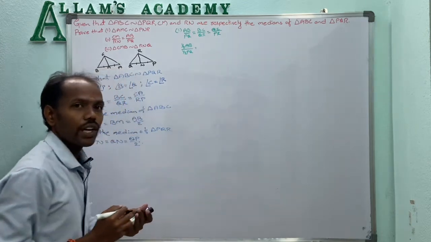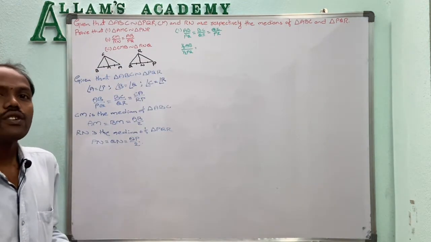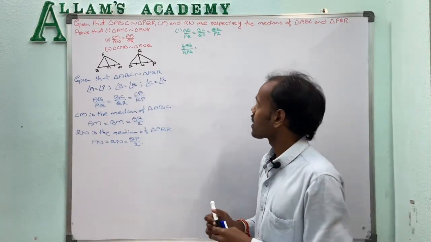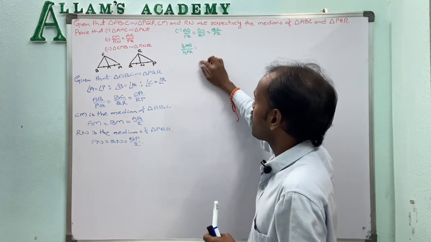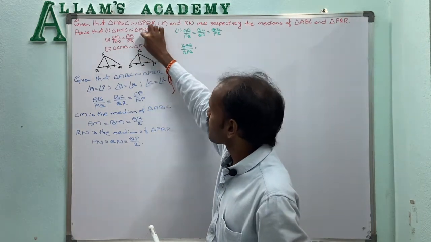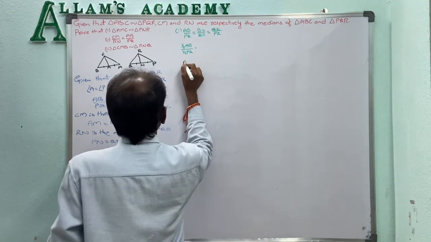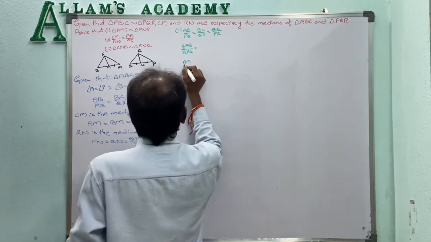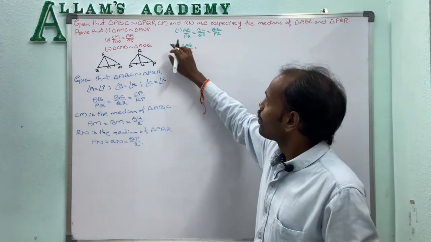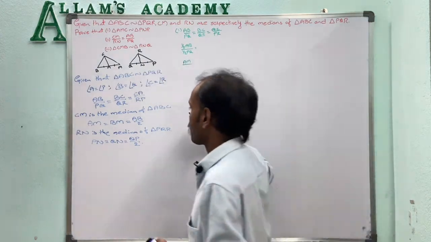Both are divided by the same number, so the result will not change in that fraction. So half AB we can write as AM, and in the place of half PQ we can write PN.